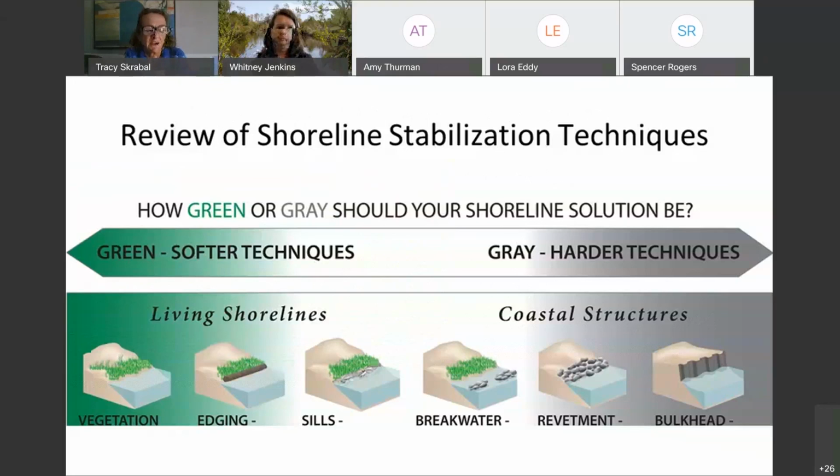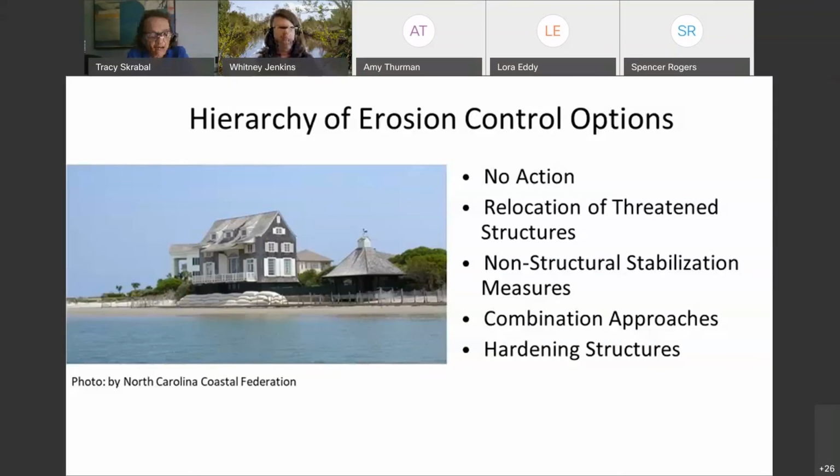But anyway, when I talk about the hierarchy of erosion control options and living shorelines being in that suite, I like to start with a no action approach, because there are certainly places where, although there's a tiny bit of erosion, the property owners may see it as a real threat. But there are times when I will say to them, you don't have a problem and let's not create one.